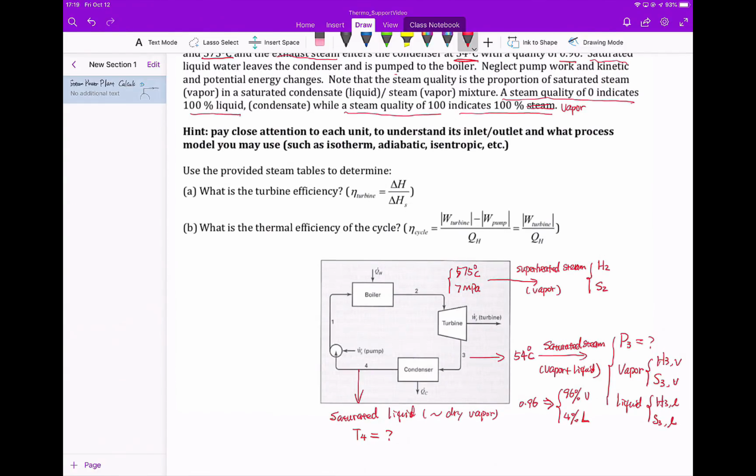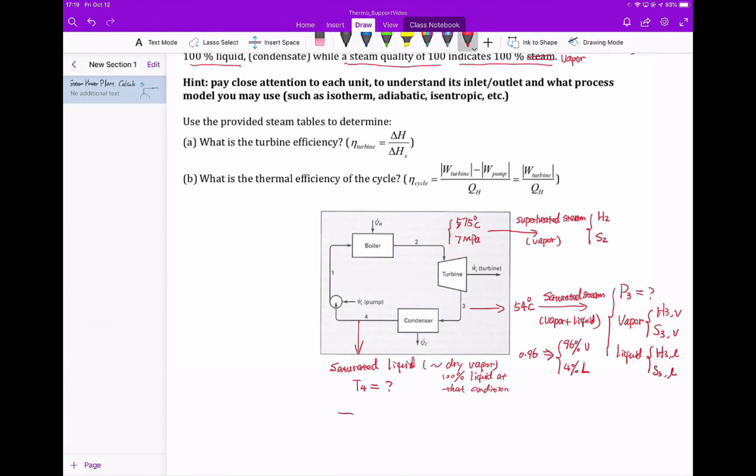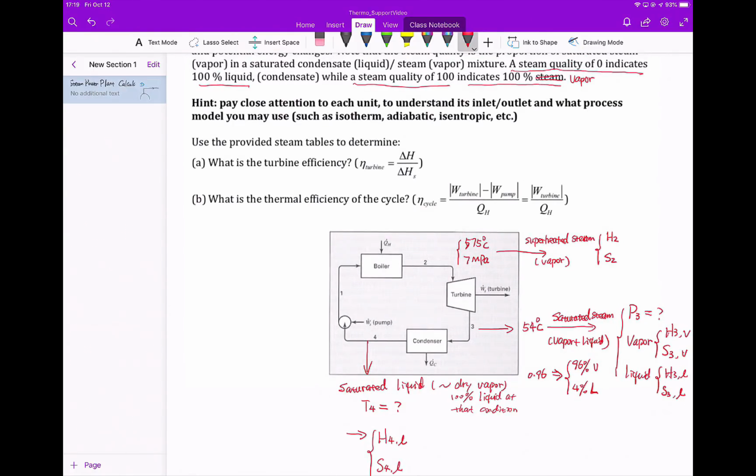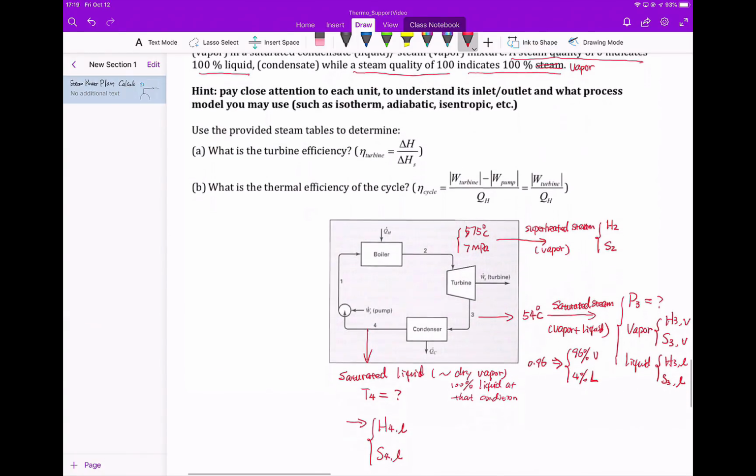It's actually 100% liquid at that condition. So I will use the corresponding H4 of the liquid, and I would need S4 of the liquid over there. And then there's a problem about this temperature 4.